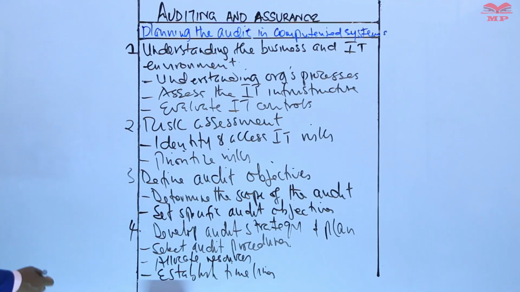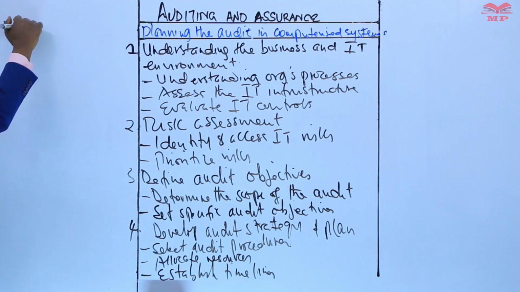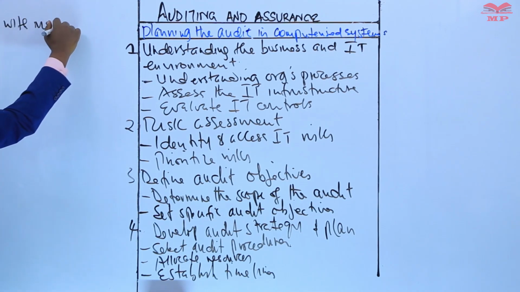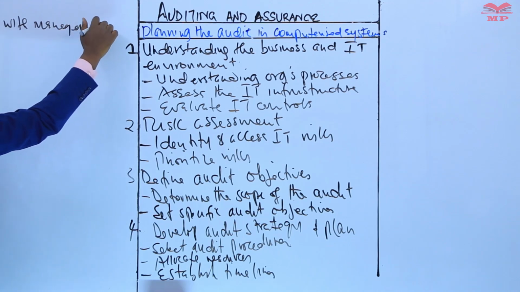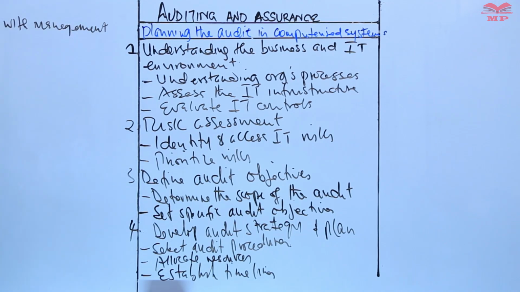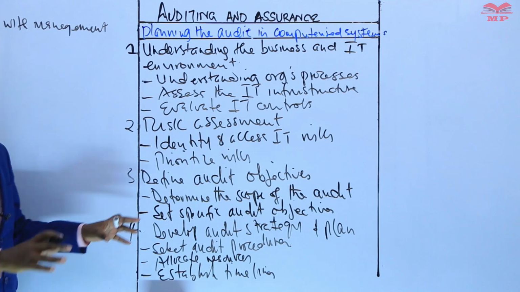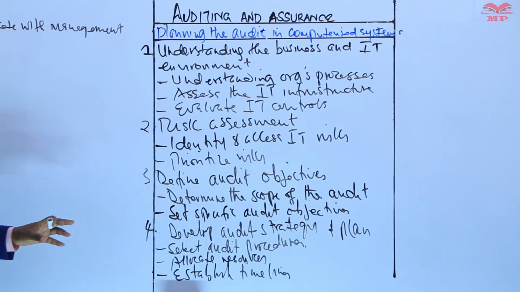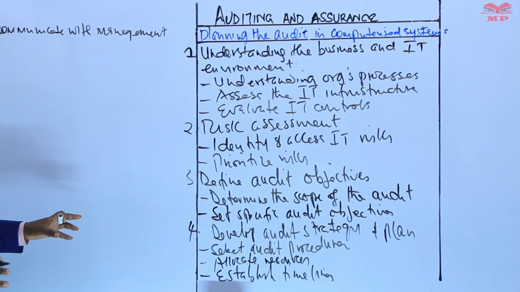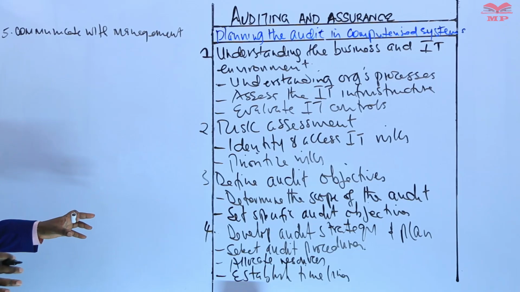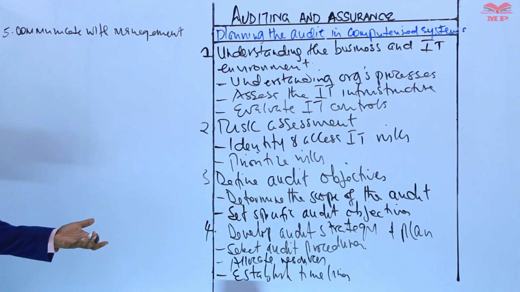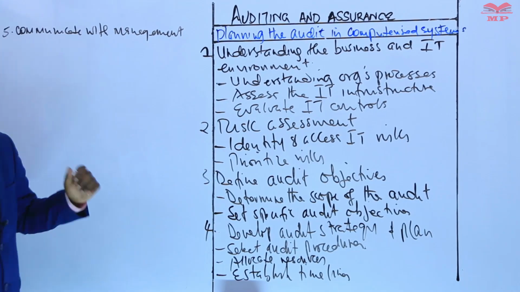Then step number 5 is to communicate with management. It is important for the auditor to communicate the plan with management. First of all, discuss audit scope and objectives.